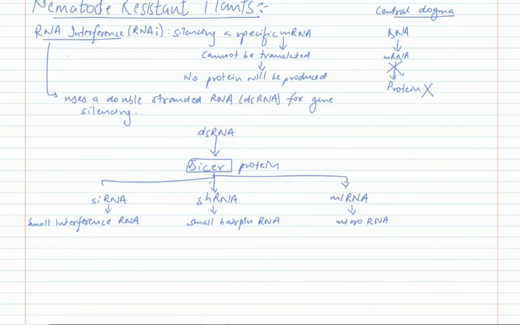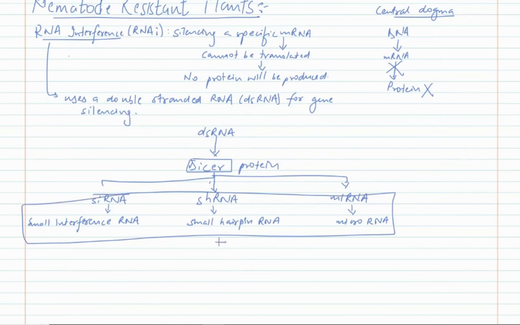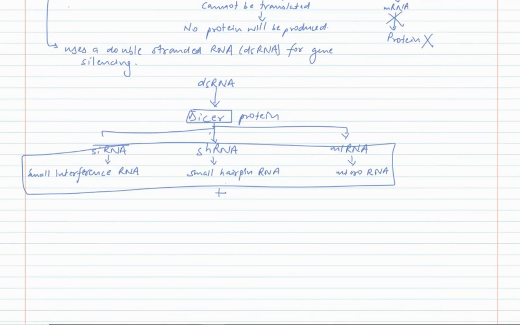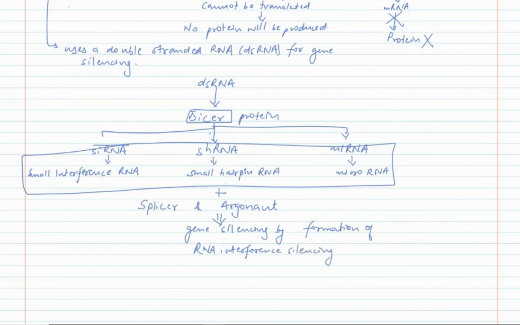These siRNA, shRNA, miRNA, along with certain proteins and enzymes known as slicer and argonaute, are involved in gene silencing by formation of the RNA interference silencing complex, known as RISC.